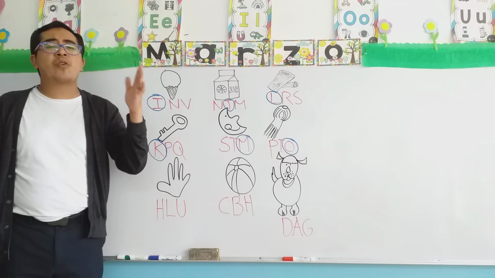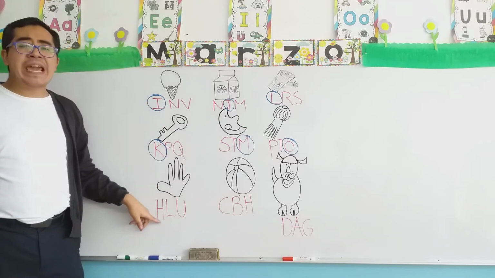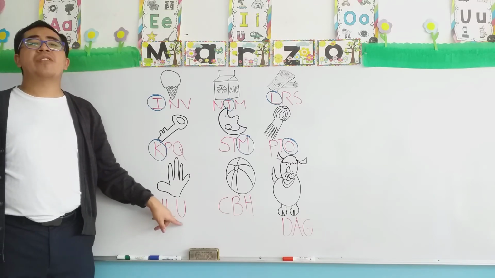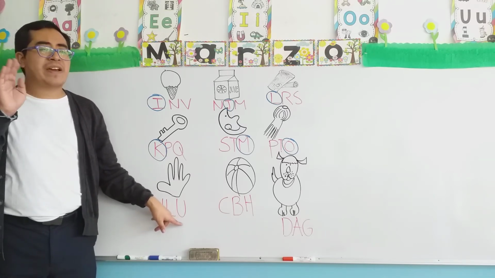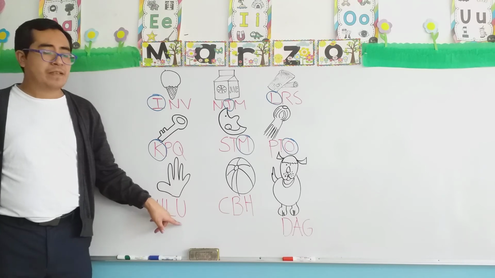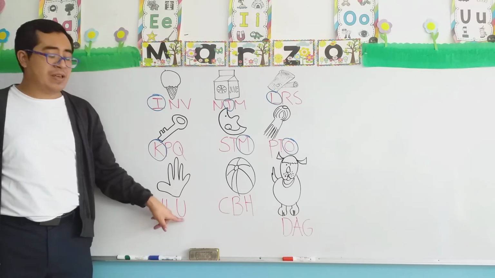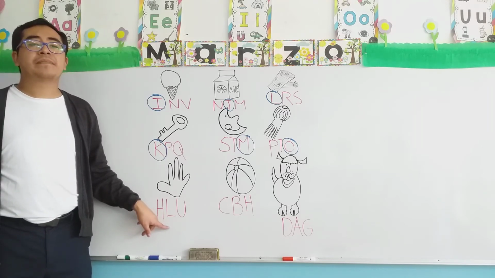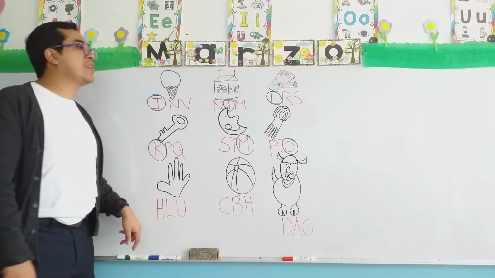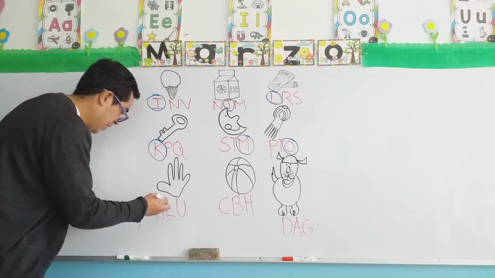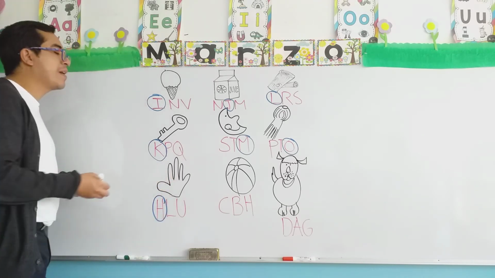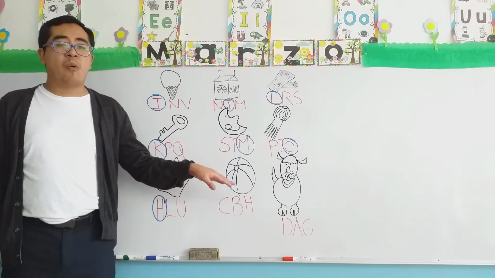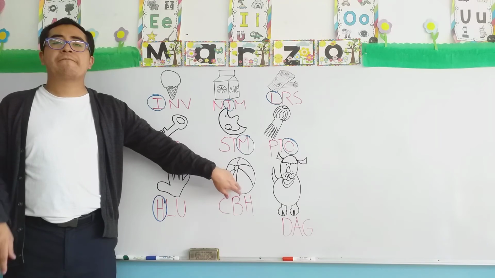Now, letters for hand. Letter H, letter L, or letter U, which is a letter we haven't seen so far. Está entre estas dos, porque esta todavía no la platicamos. H or L. Letter H, very good. So we have letter H for hand. Second object of the final row, what is it?